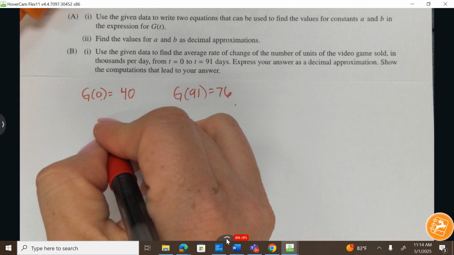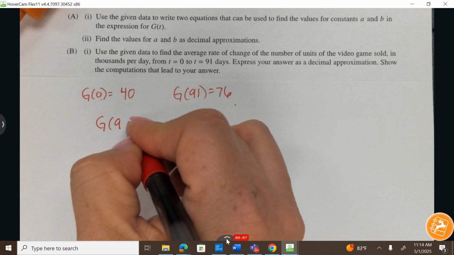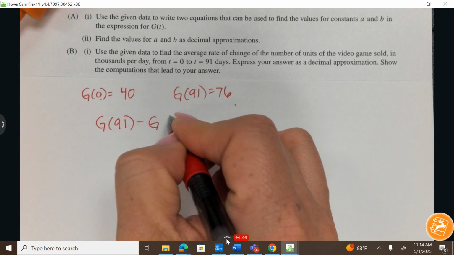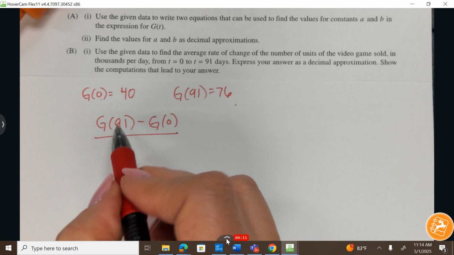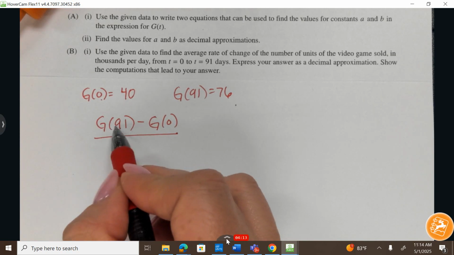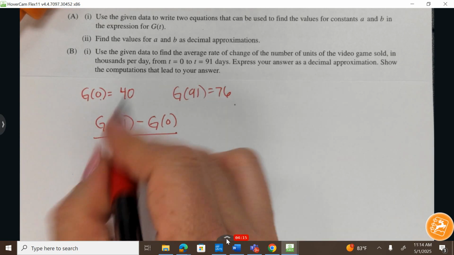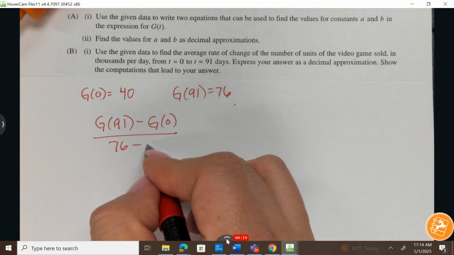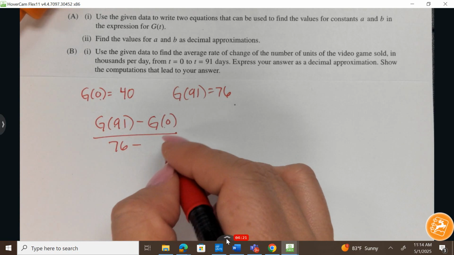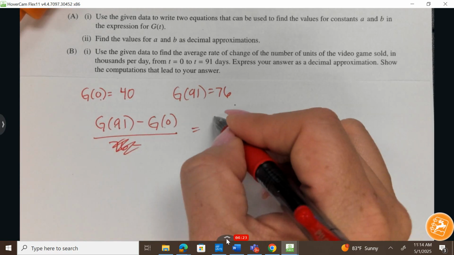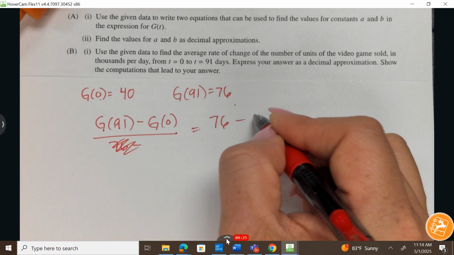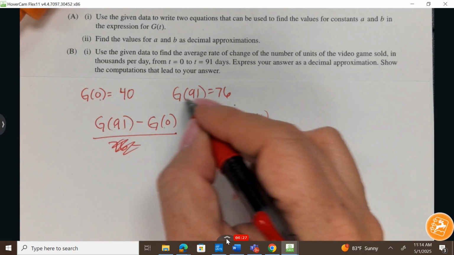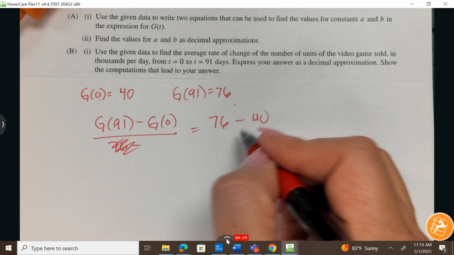In order to show my work here, I have G of 91 minus G of 0, and the output value for the 91st day is 76, and the output value for the initial day is 40.